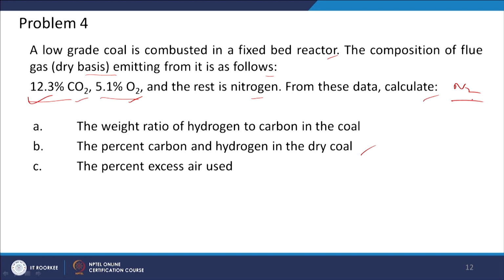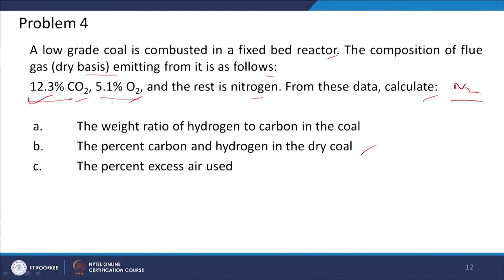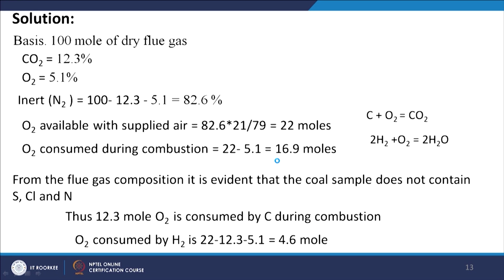These are simplifications given here, other impurities are not considered. So, on the basis of this information we have to calculate the hydrogen to carbon ratio present in the original feedstock and what percentage of excess air was used. Now, let us solve it.